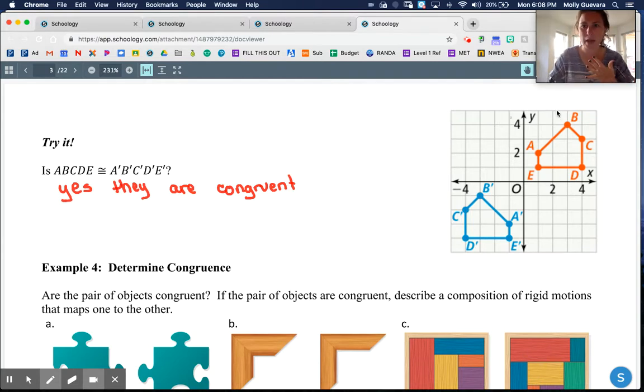But I see personally a reflection over the y-axis, which is the line x equals 0. So that moves these points here. So then it becomes like this. Okay, so that's the reflection over the line x equals 0.